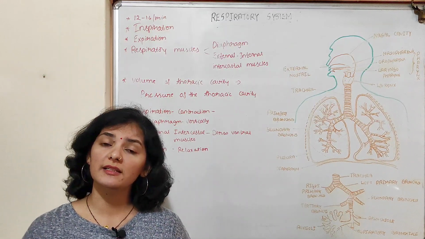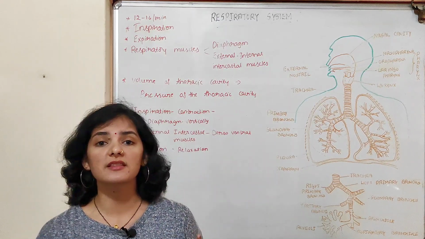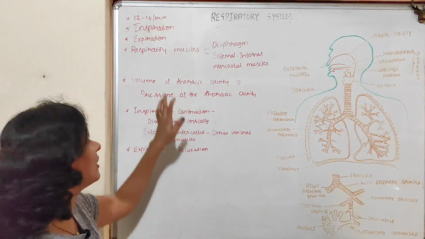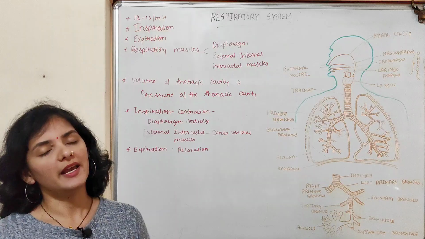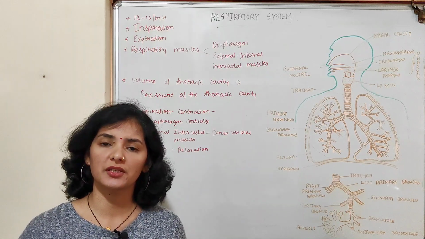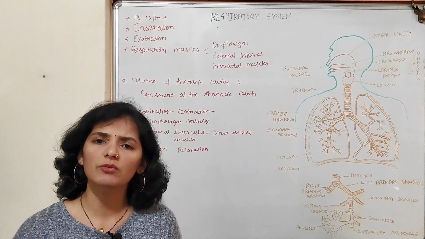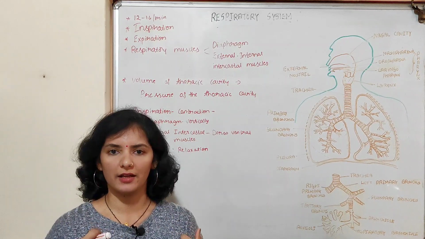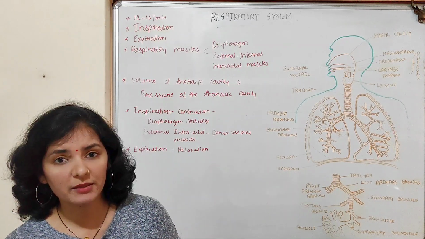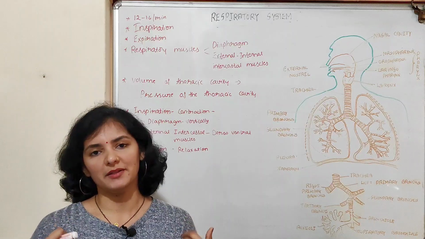But who will create this pressure gradient, or difference in the pressure? It is with the help of the respiratory muscles. So these respiratory muscles help in the creation of this pressure gradient. Pressure gradient between what? Between the atmosphere and the lung, which is also known as atmospheric pressure and intrapulmonary pressure.